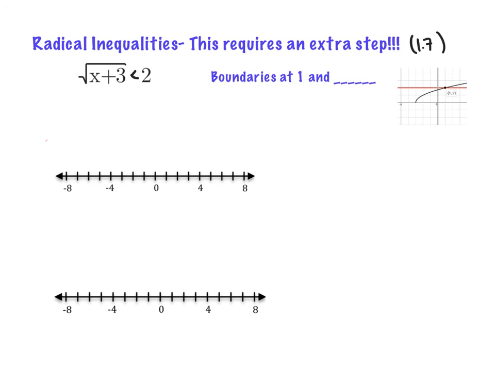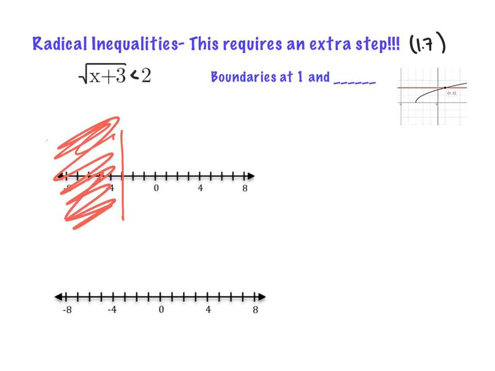So when I do that, I still have my wall at -3, and nothing past it. I think I might have put the wall at -5 on the previous one. I hope I did not, but if I did, I apologize. And then we had our boundary at 1, and we had an open circle at 1.